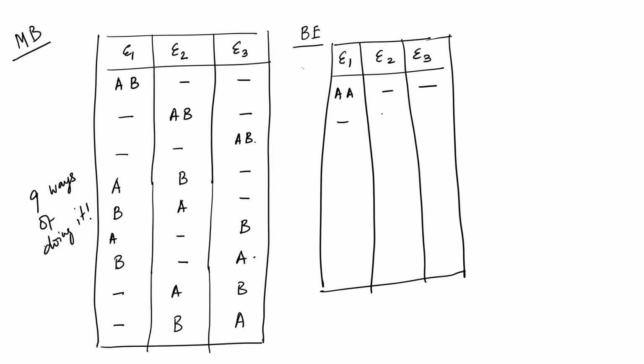So, one possibility is this, the other possibility is this, third possibility is this, then we can have A and nothing, you can have A nothing and A, and you can have nothing A. Okay. So, clearly there are 6 ways of doing it.